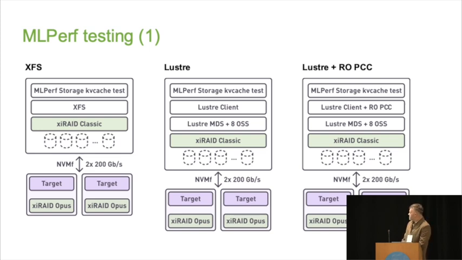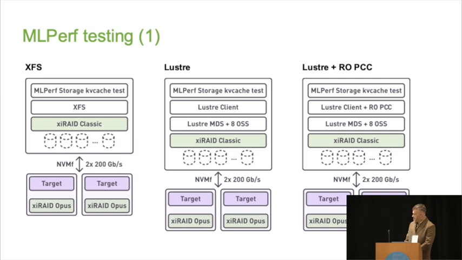XFS was formatted and mounted with optimized settings for large sequential I/O. The second configuration was standard Lustre, where I put the Lustre client and Lustre servers on the same machine. And the third configuration was based on Lustre plus read-only persistent client cache.